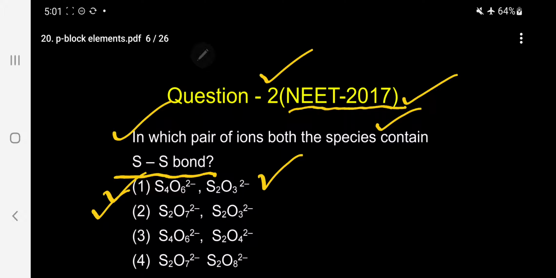B: S2O7 2 minus, S2O3 2 minus. 3: S4O6 2 minus, S2O4 2 minus. 4: S2O7 2 minus and S2O8 2 minus. This question was asked under the oxygen family, specifically under sulfur. So what is the correct answer?